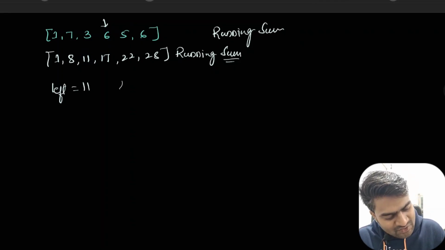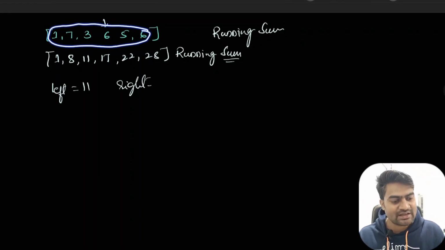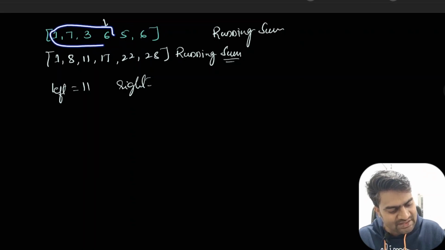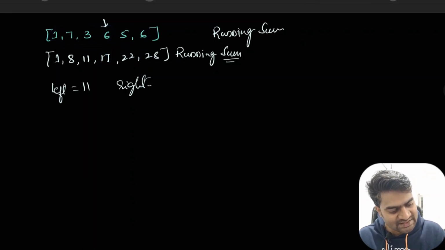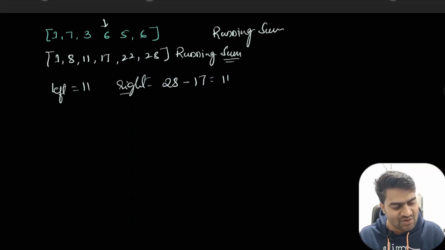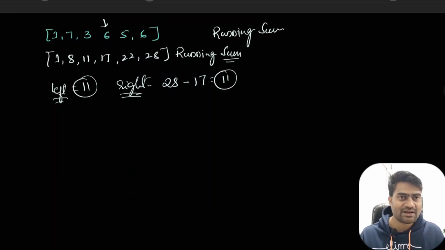For right, I will simply take the overall sum minus the sum till this number, this value. We easily get that as 28 minus 17, so 11. Now we easily got left and right, correct, right? So with this, if left is equivalent to right, then this is our pivot index.